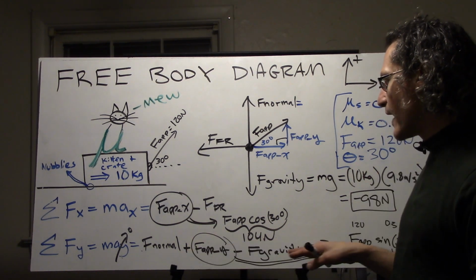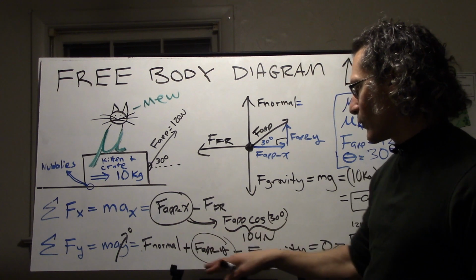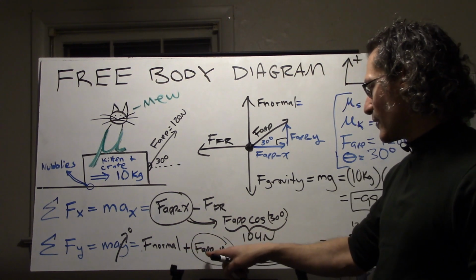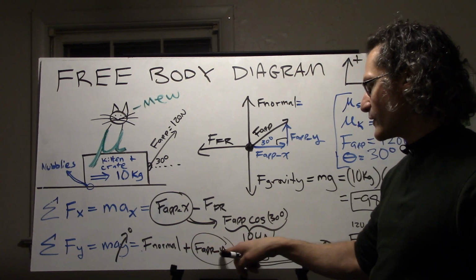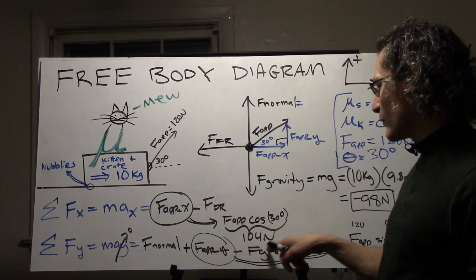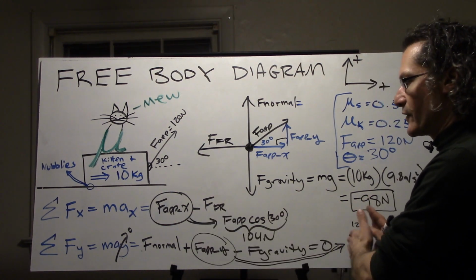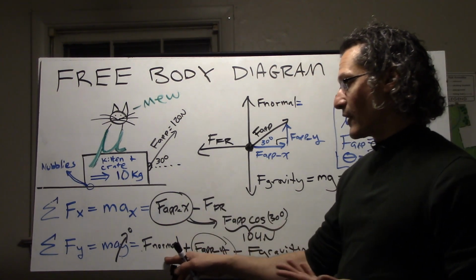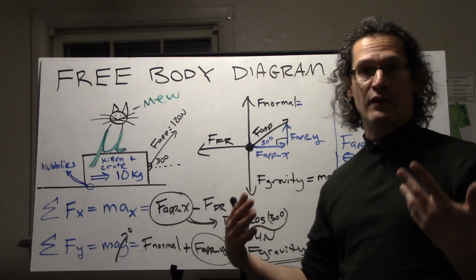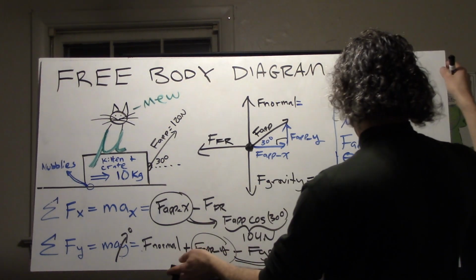Okay, so if we do this out and solve for force normal, subtract minus force applied y plus force of gravity, all on the other side of this equation, and force normal becomes 38 newtons.